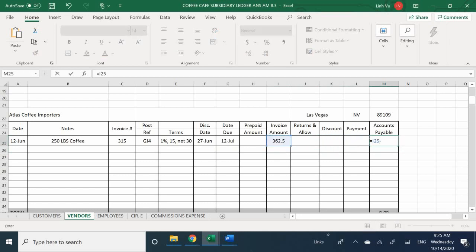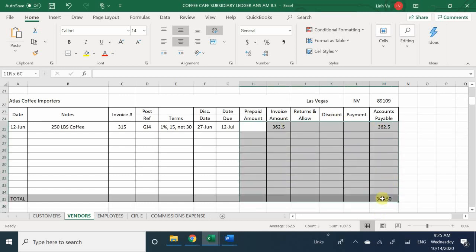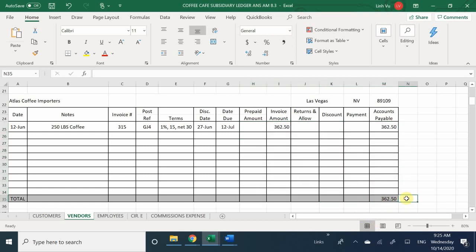So if we take the invoice amount minus any prepaid, minus any returns and allowances, minus any discounts, and minus any payments, we owe Atlas Coffee $362.50, which if we put our calculation at the very bottom, which is the equal sum, that's how you know that you owe this vendor completely an amount of $362.50.